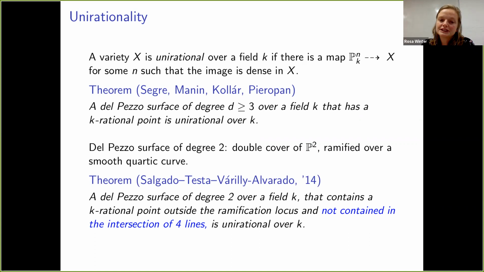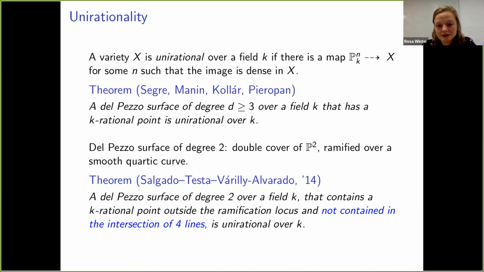And for del Pezzos of degree 2, we also have a result. Recall that these are double covers of the plane that are ramified over a smooth quartic.